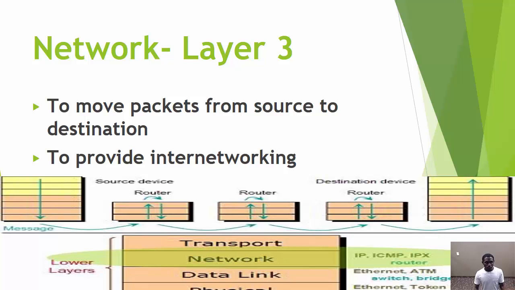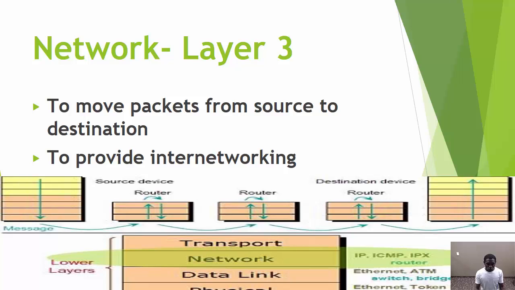In the picture of my PowerPoint, I show how the network communicates. It has a message and a source device, and it goes through a process, a router, then it finally reaches the destination device.